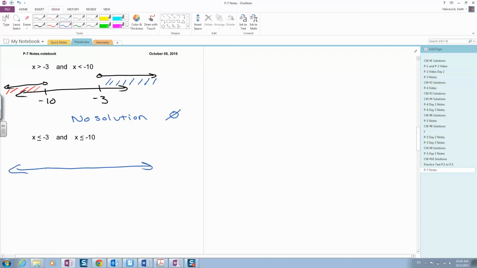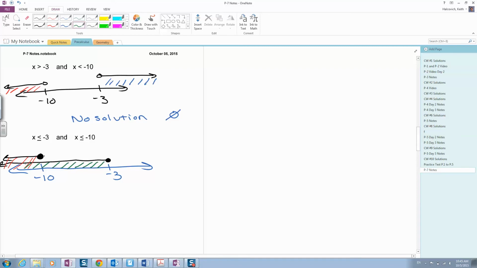Now for the next one, if you notice, it's less than or equal to -10, so you're going to close it, and it's going to go to the left. And then it's less than or equal to -3, so you're going to close it, and it's going to go to the left as well. So you're going to draw your rain there, and then you're going to draw your rain here.